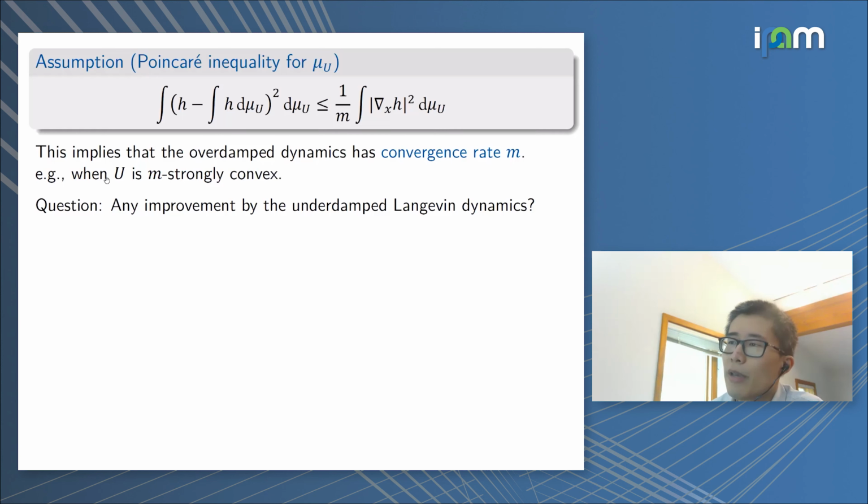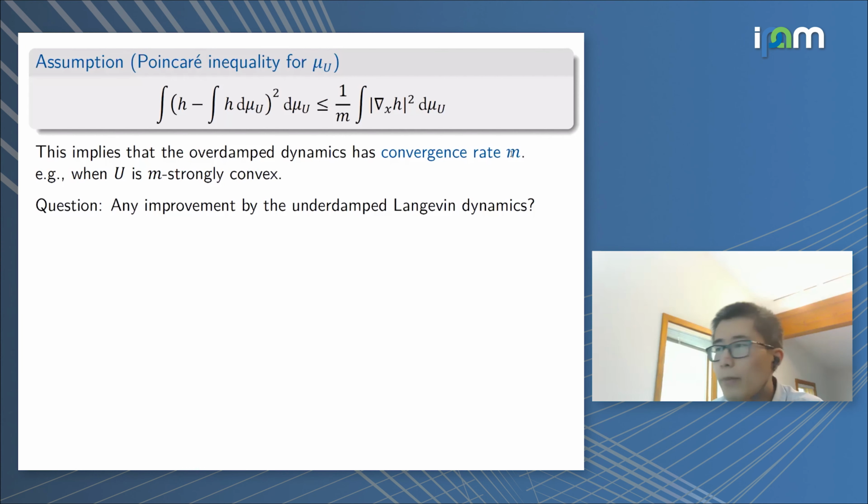For example, if U is a strongly convex potential, like a quadratic potential, and m is the smallest eigenvalue of the Hessian of the potential, in other words, U is m-strongly convex, then we know that this m is exactly the convexity parameter of U, and this converges with a linear rate that is m.